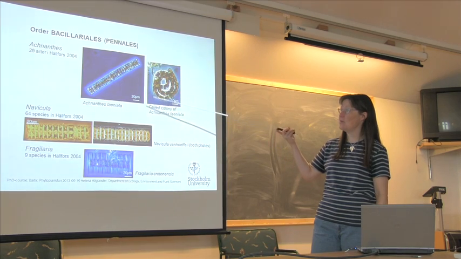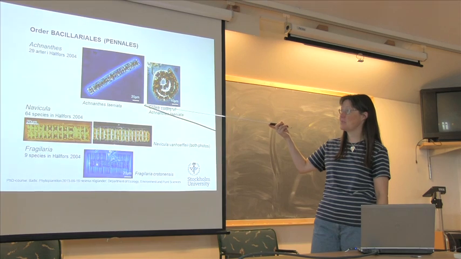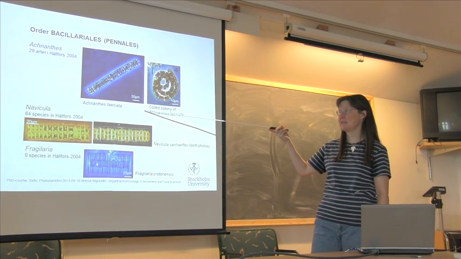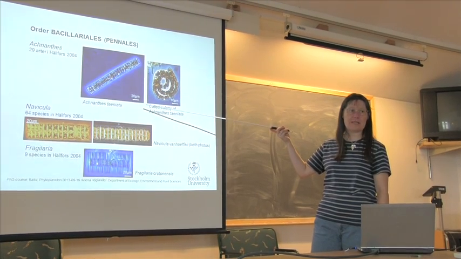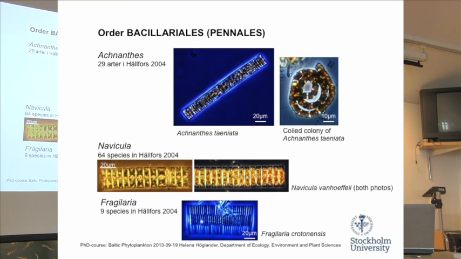This is an important species in spring, Achnanthes taeniata, sometimes also called Pauliella taeniata, but I think it's more commonly called Achnanthes taeniata. It forms ribbon-shaped colonies, small cells all together like a ladder or a ribbon.